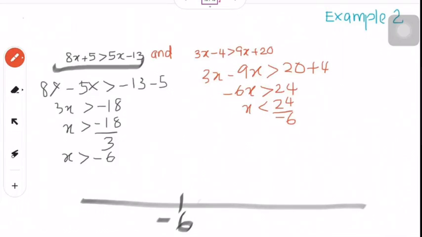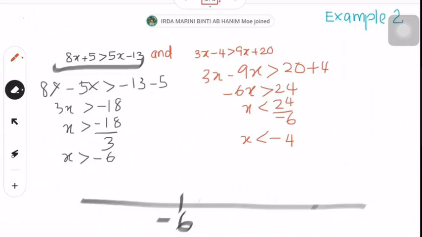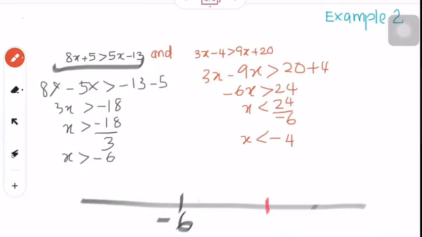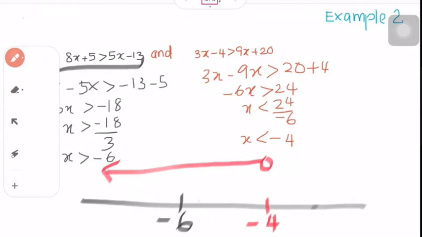So x is less than negative 4. Negative 4 is here. There is no equal sign, so less than also goes this way. The black one, x is greater than negative 6, goes this way.